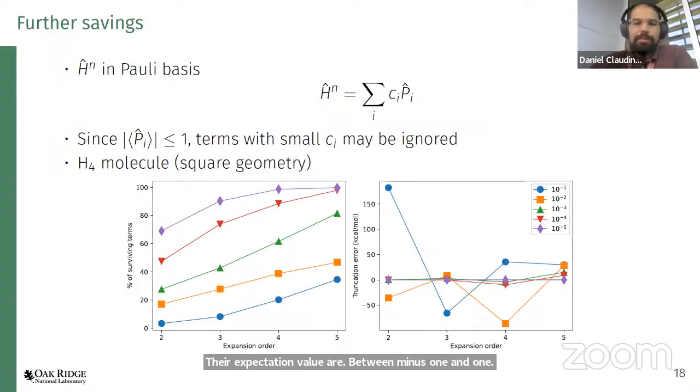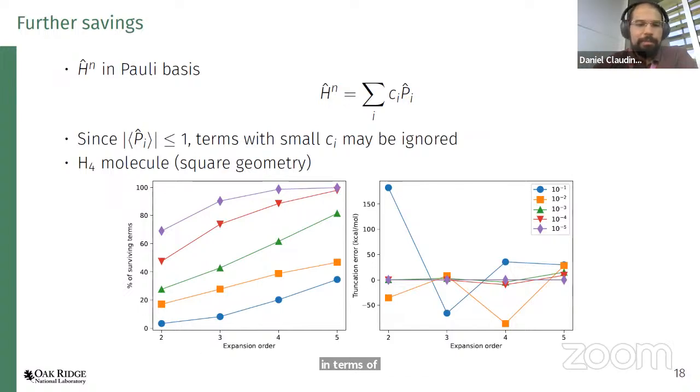So we can use this fact and ignore Pauli strings that are weighted by very small scalars right here. So I just picked this square geometry and ran some experiments with different thresholds in terms of keeping only a certain fraction of the Pauli strings.